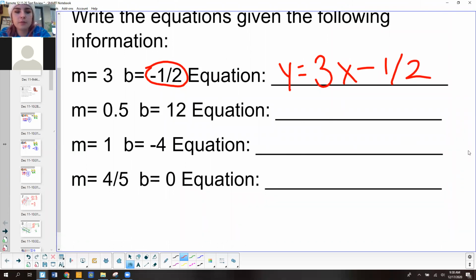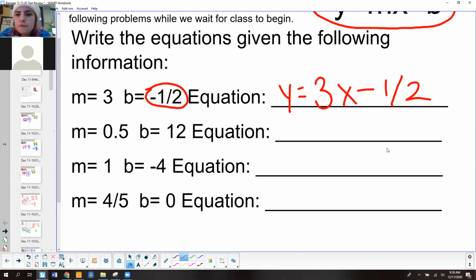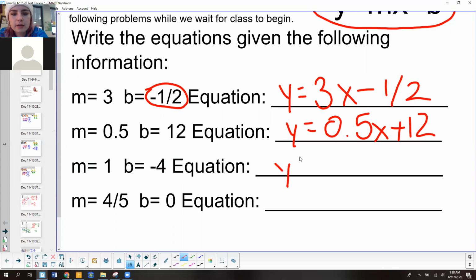All right, next one. We're going to use that same format. So we're going to use y equals 0.5x plus 12. And next, we're going to do y equals, so we've got m is 1. So I'm going to write y equals 1x minus 4.